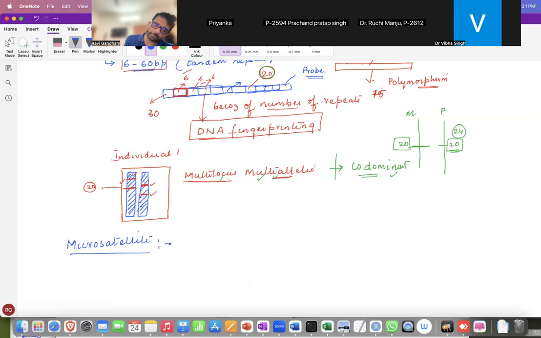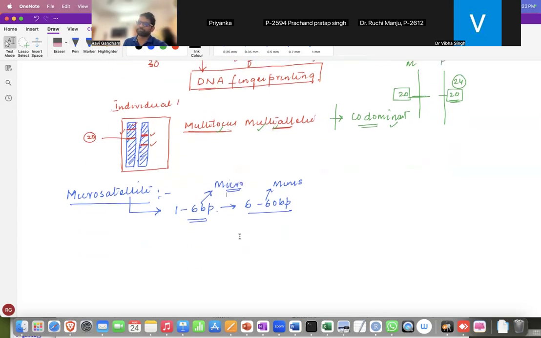Microsatellite markers are from 1 to 6 base pair in length. For the other one, what we talked about, 6 to 60 base pair, they are mini satellite markers. So microsatellites are 1 to 6 base pair, again tandem repeats.